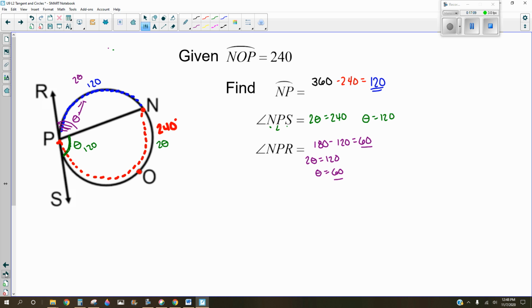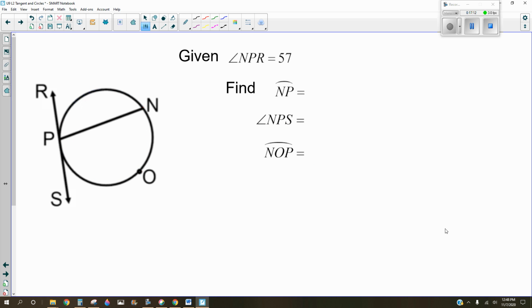Let's look at another one. Angle NPR is 57. NPR is right here. That's 57. So remember, on our picture, it's theta, 2 theta, 180 minus theta, right?